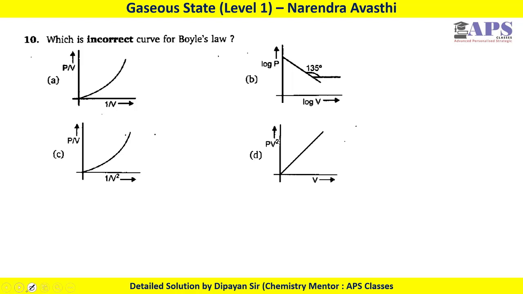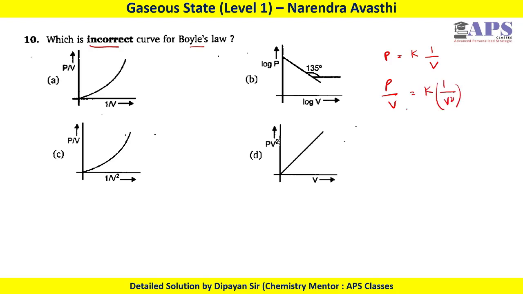Moving forward to question number 10. So initially we have P by V versus 1 by V, and we have to find the incorrect curve for Boyle's law. So P equal to K times 1 by V, if this is the case. Okay, now we can divide by V. So P by V equal to K by V square.